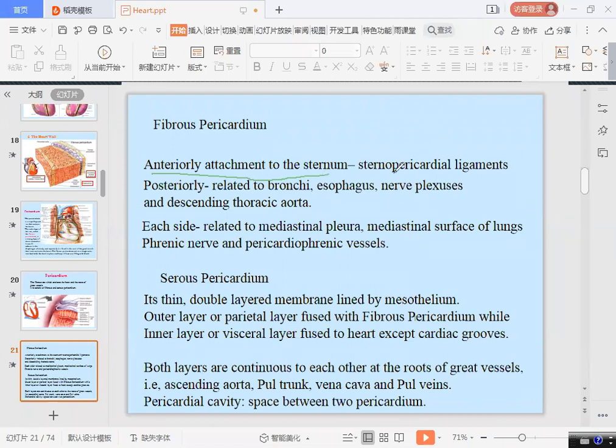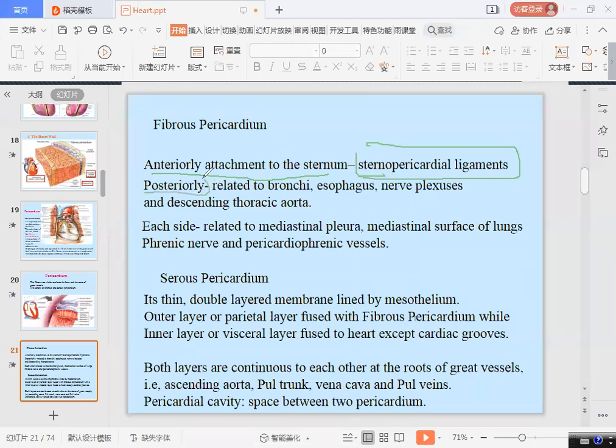Anteriorly, it is attached with the sternum with the help of a ligament known as the sternopericardial ligament, which is present anterior to this fibrous pericardium. And this is the attachment.